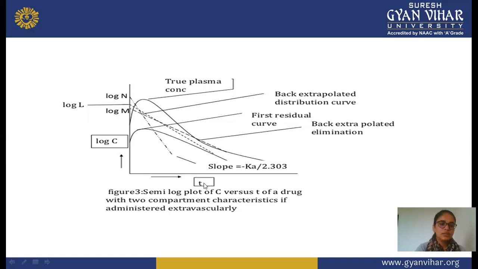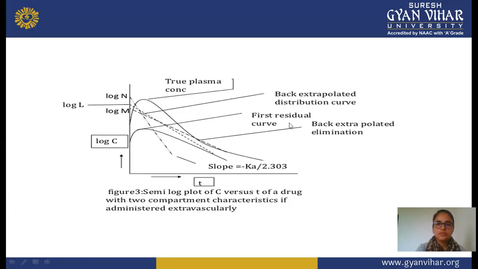Here we plot t versus log C, that is time versus log concentration, and the slope is minus Ka divided by 2.303, with log N divided by log M. This is the peak plasma concentration, and this is another peak where the back extrapolated distribution curve is obtained, and this equation gives the back extrapolated elimination rate.